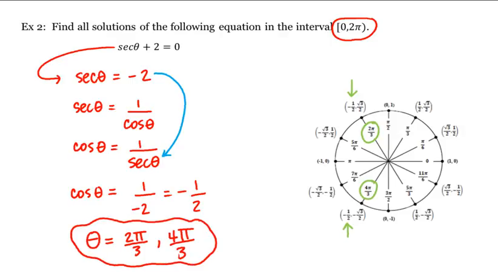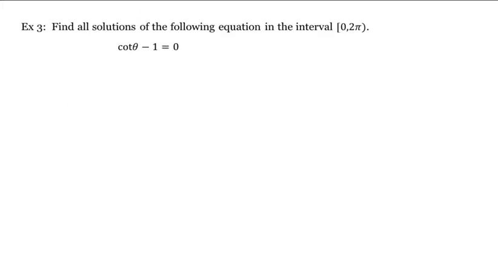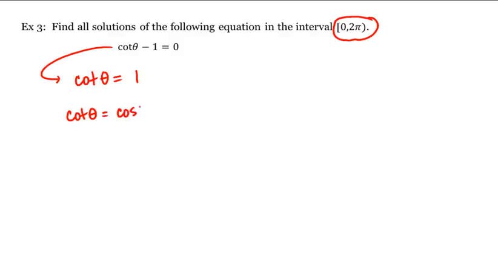All right, let's look at one more example. Again, let's find all solutions to this equation, but only in the interval 0 to 2 pi. We'll begin by adding 1 to both sides, which gives us cotangent of theta is equal to 1. Now remember that cotangent of theta is equal to cosine of theta divided by sine of theta.